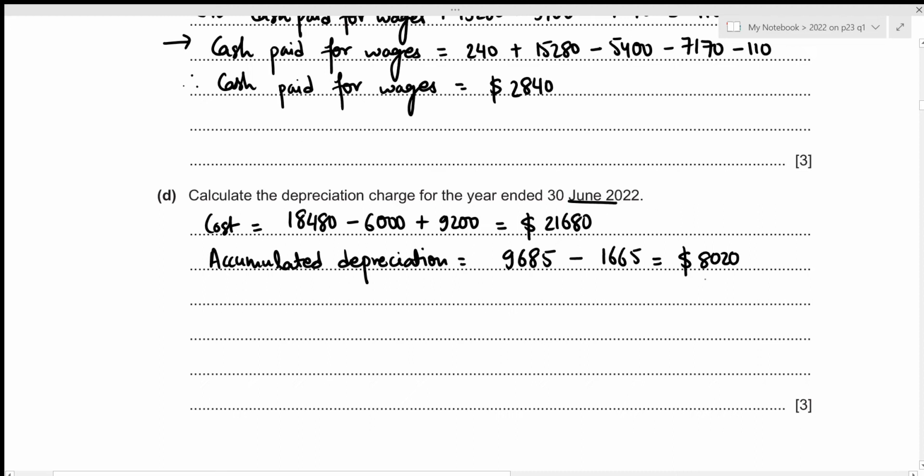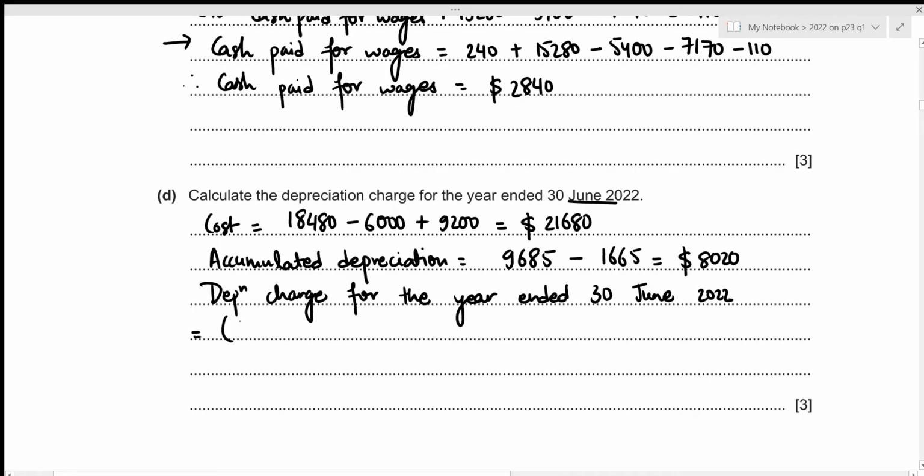Now we already know that our depreciation rate is 15%, so we can easily figure out the depreciation charge for the year ended 30 June 2022. We first need to figure out the net book value, which is cost minus accumulated depreciation.